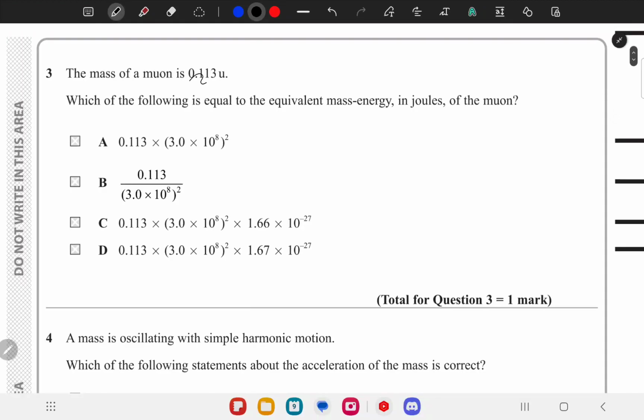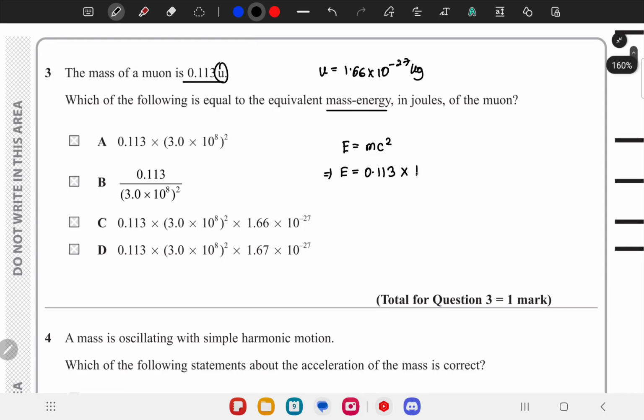Now in question 3, we are given that the mass of a muon is 0.113 u. We have to find its mass energy. So for that, we have to use E equals mc squared. We have to take the mass in kg. 1 u is equal to 1.66 times 10 to the power minus 27 kg.